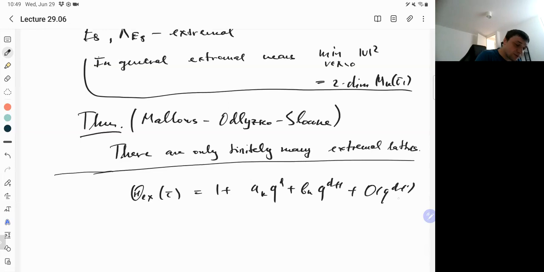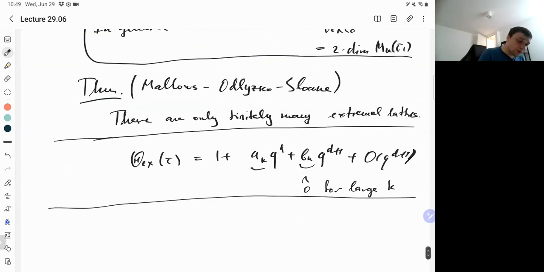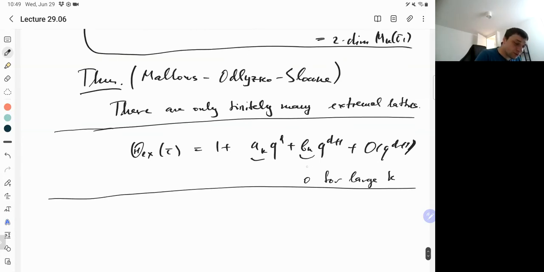So to prove the theorem, Siegel computed AK in some asymptotic fashion, and they compute BK, and then they show that at some point this thing is negative for large K. And that means that it cannot be a theta series.